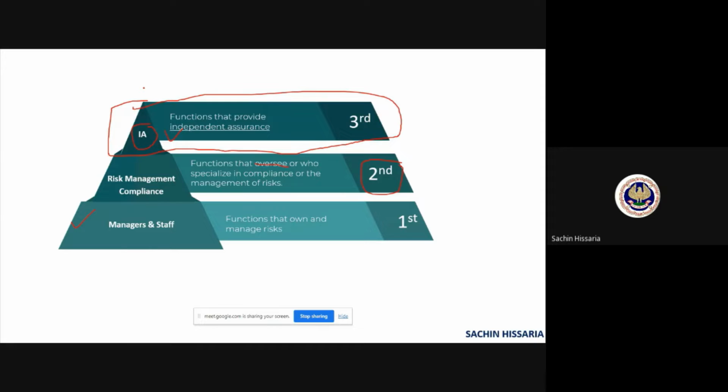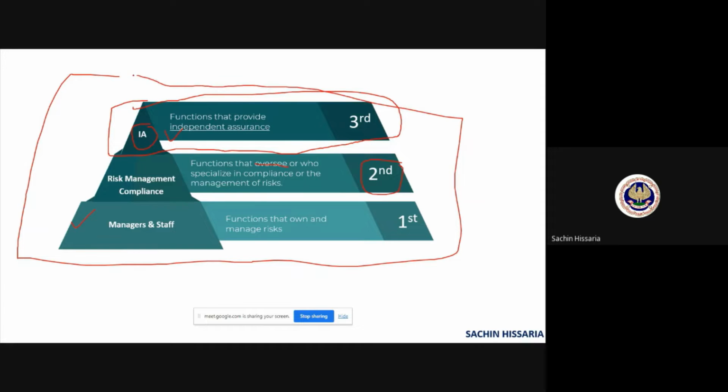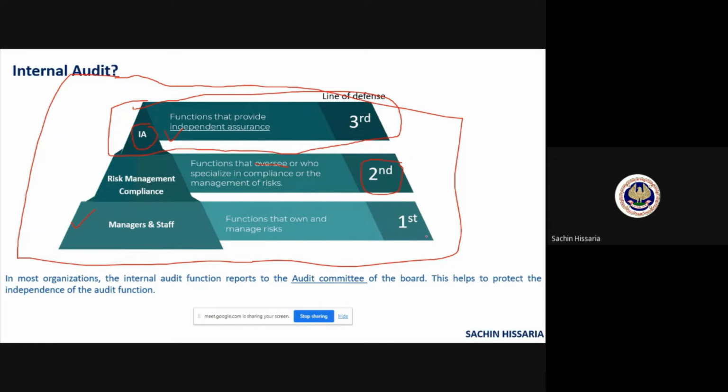But what about an external auditor? What about a third party consultant who is not part of the internal audit team? External auditors are over and above these three lines of defense. They are the people who are over and above these three lines of defense. Generally, this internal audit department reports to the audit committee of the board.